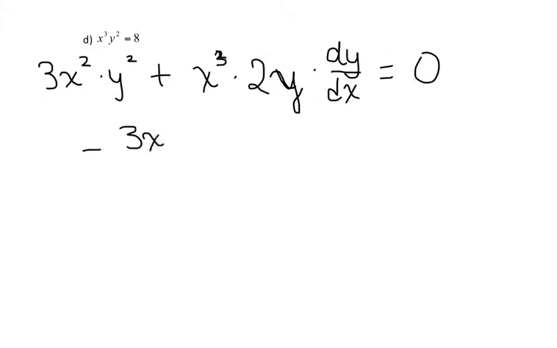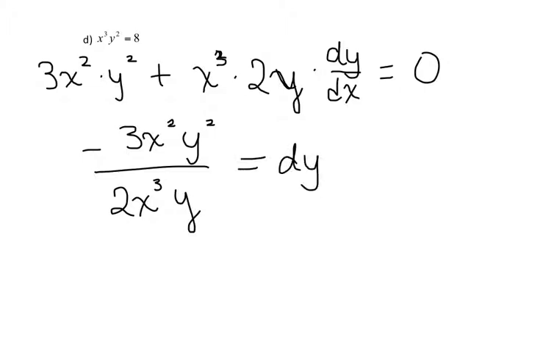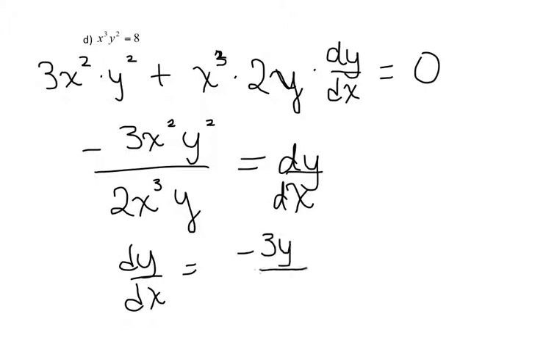Negative 3x squared y squared divided by 2x cubed y is dy/dx. And of course we can simplify. dy/dx is negative 3y over 2x.